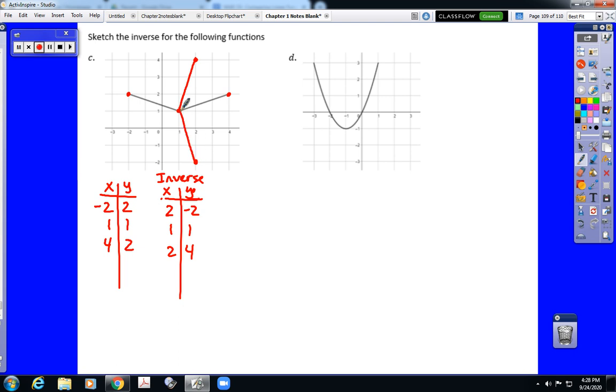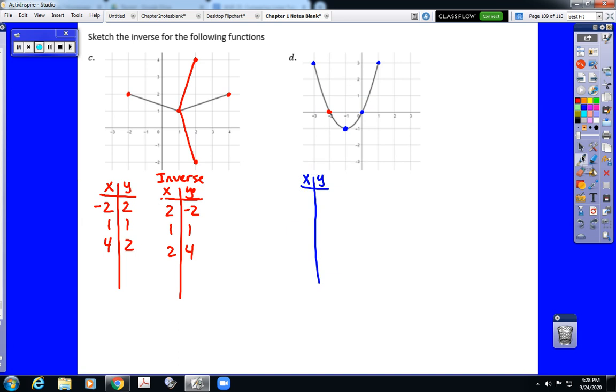Same thing over here. Our important points, we've got points that we can easily sketch on those 5 right there. And again, I'm wishing they were in blue, so I'm changing them all to blue. But all we need to do is write down what those points are and then switch them.